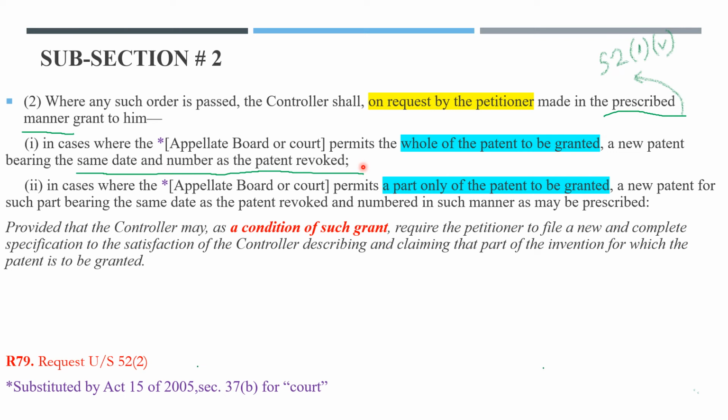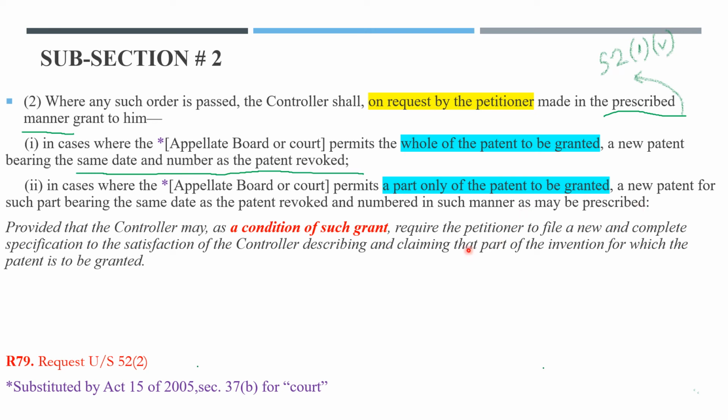Fine. And the second condition is, what is the second clause? In cases where the Appellate Board or court permits a part only of the patent to be granted. So clause 1 was dealing with the whole of the patent and clause 2 will deal with the part only of the patent to be granted. Here a new patent for such part bearing the same date as the patent revoked and numbered in such manner as may be prescribed.